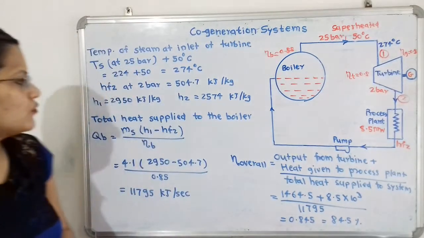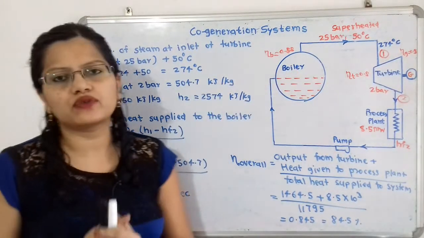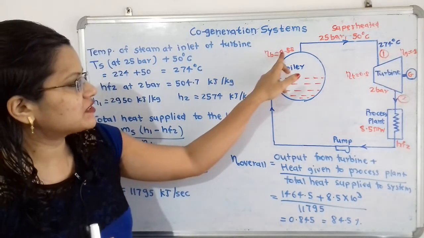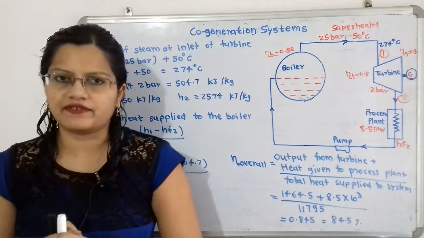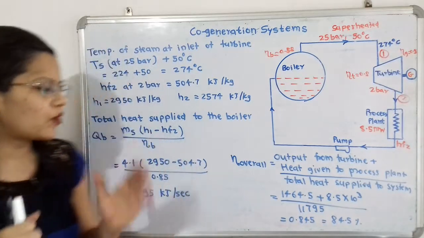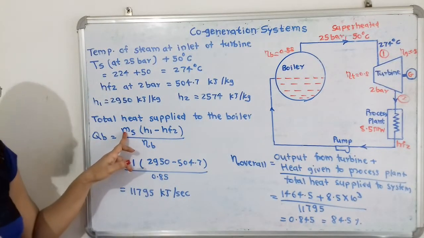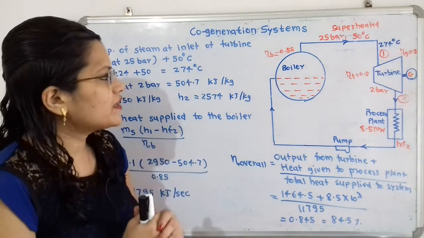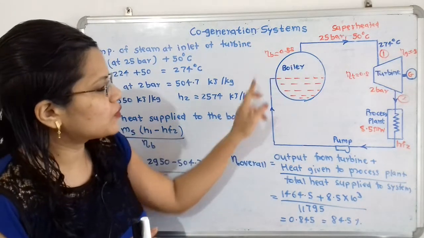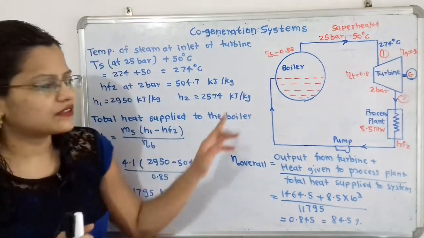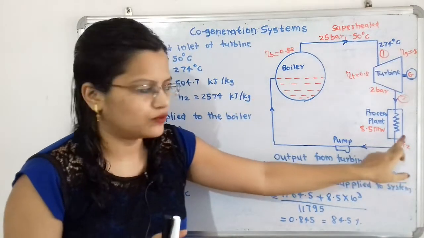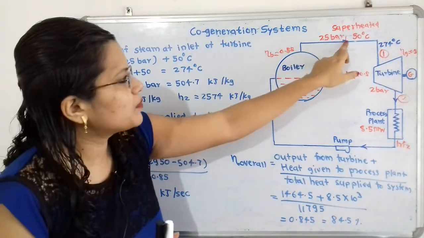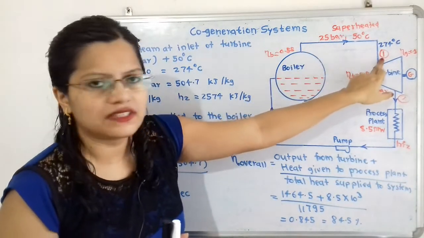Now we will find out the total heat supplied to the boiler. The boiler efficiency eta B is given as 0.85. So heat supplied to the boiler QB is equal to the amount of steam supplied ms times the enthalpy difference. At the entrance of the boiler the enthalpy is HF2, the enthalpy of the feed water, and at the exit of the boiler the enthalpy is H1.